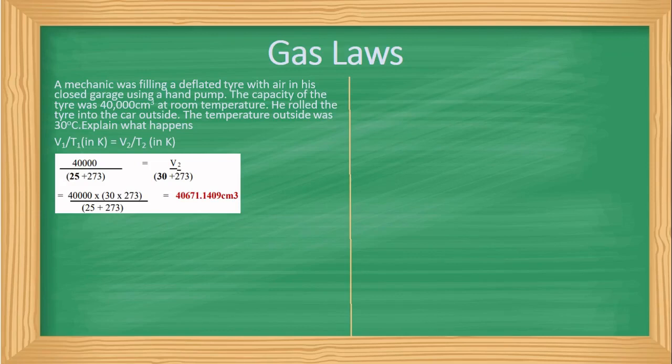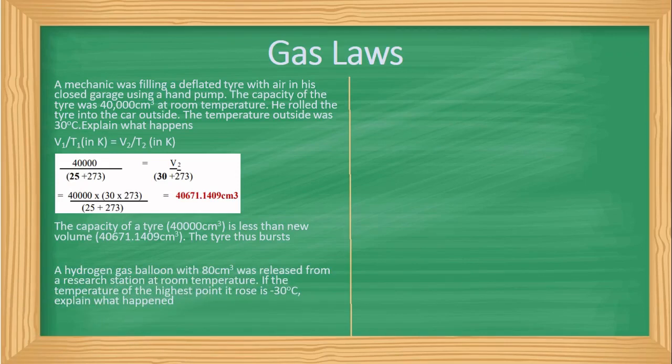So when you do your calculation with our formula, you find that the new volume will be 40,671.1409 centimeter cubic. What does that mean? We are told that the capacity of the tire is 40,000. So what will happen to the tire when you put more than its capacity? It will just burst. So what happened is that the tire burst.